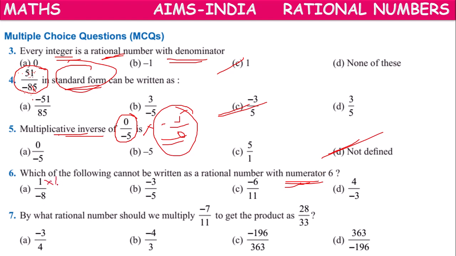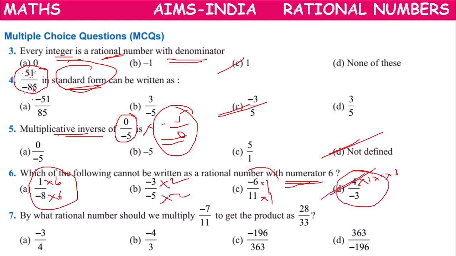So 1 into 6, 8 into 6, we can get 6. 3 into 2, 5 into 2, if you multiply with 2, in the numerator part we will get 6. 4 into 1, 11 into 1, in the numerator part we will get 6. But 4 into 1, 4 into 2, 4 into 3, if we take any number, we won't get 6 in the numerator part. So, D option is the correct answer.